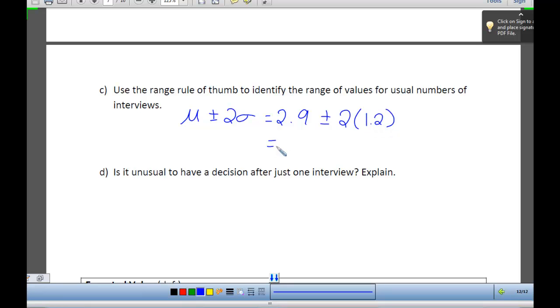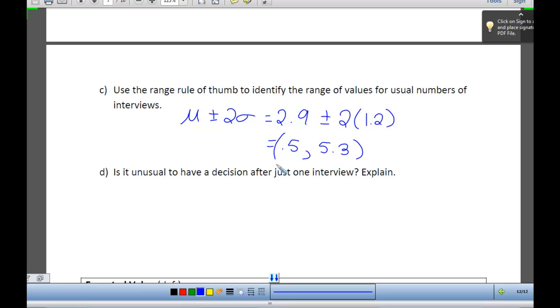Okay, so we'll do 2.9 minus 2.4, so that looks like 0.5. Okay, and then 2.9 plus 2.4, 5.3. Is that right? Okay, 0.5 to 5.3. So, you got to have some interview.